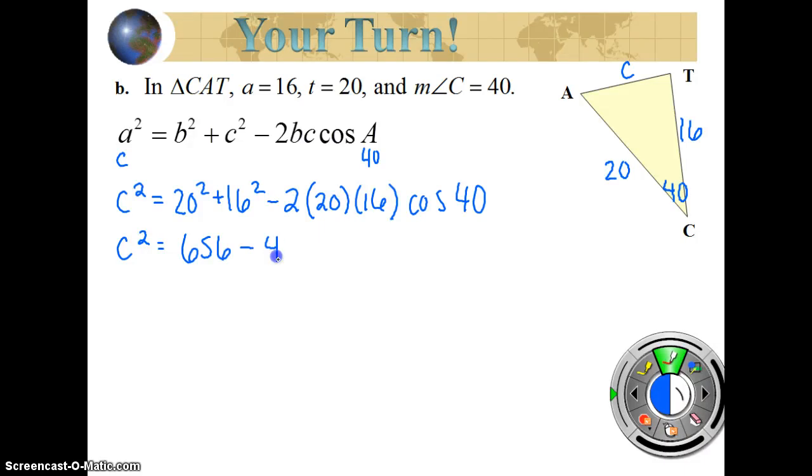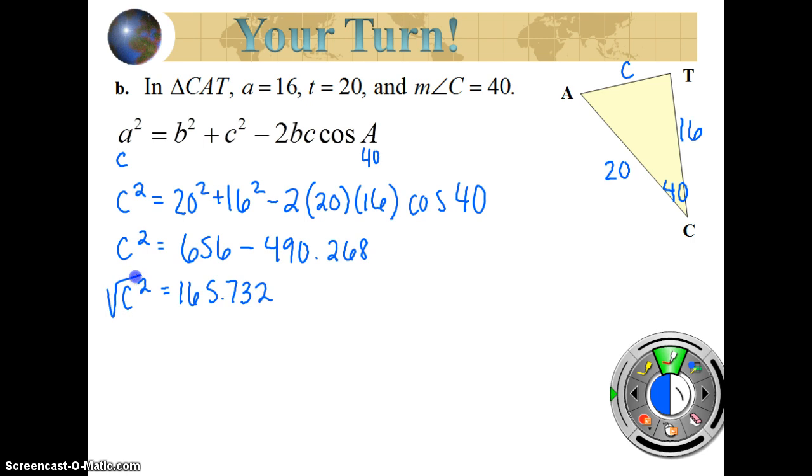You get 490.268. Let's just round it there. We're going to round our final answer to one place. So we have 656 minus 490.268. We get C squared is equal to 165.732.